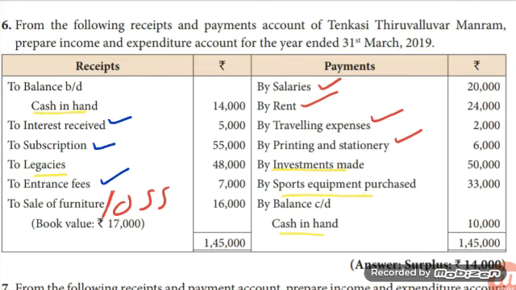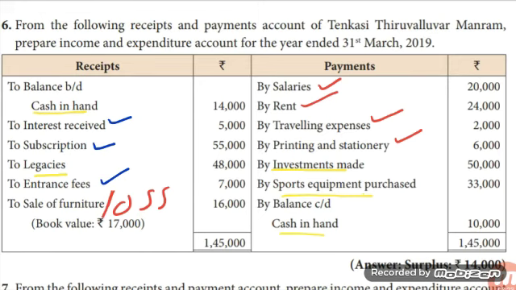Salary is a revenue payment, rent revenue payment, traveling expenses revenue payment, printing and stationery revenue payment. Next, investment made is a capital payment, so you need not take.